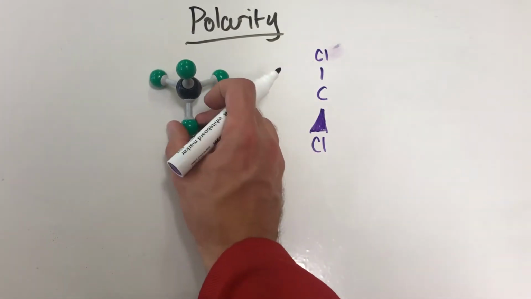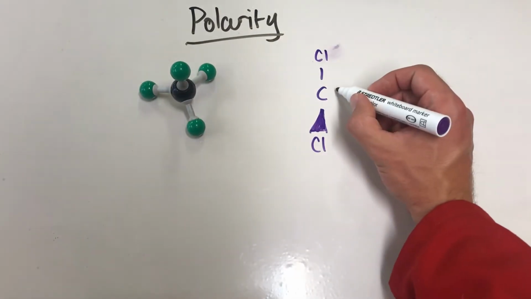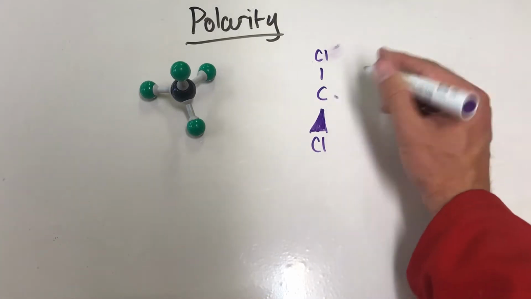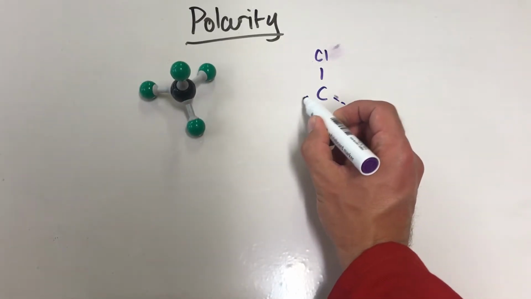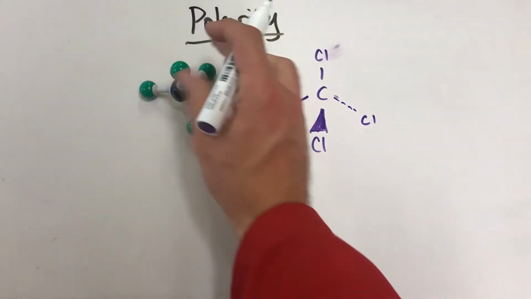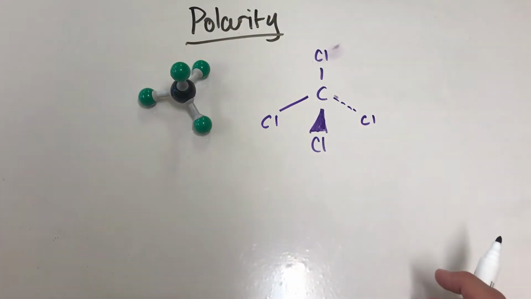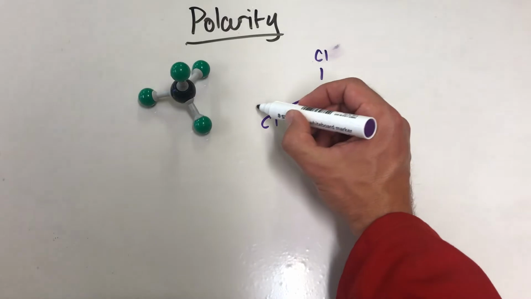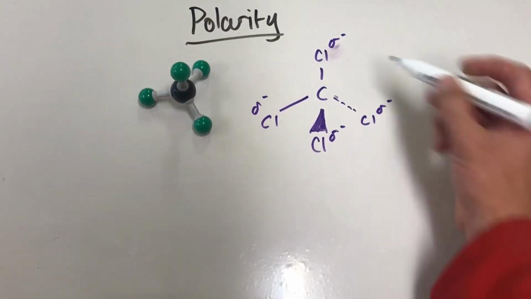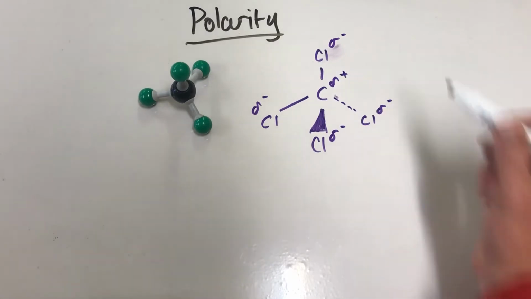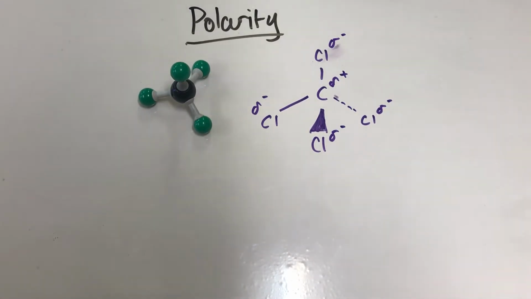We've got the one coming towards you. We've got the chlorine going away from you here, out the back. And then we've got the other chlorine here on the surface of the board. So just rearrange that so it kind of matches the camera. So we've got our delta negative chlorines again. And this time we have our delta positive carbon here in the center.